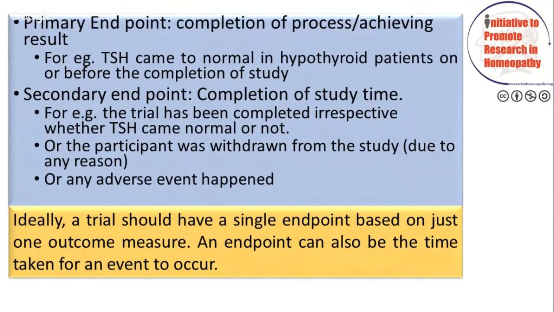Okay, now a trial should have a single endpoint based on the one outcome measure. This is why we said that the outcome measure should be validated with a valid endpoint. Now, an endpoint can also be the time taken for an event to occur. For example, many times many researchers ask how much time homeopathy takes to taper down the changes in TSH or sugar, or how much time is needed to increase the hemoglobin level.